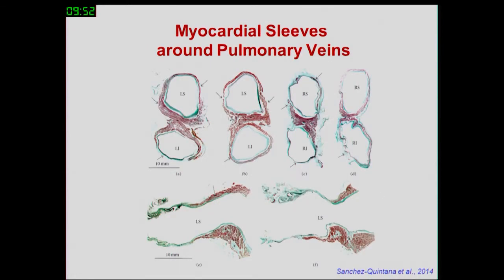So the pulmonary veins attain myocardial sleeves, which can be a substrate for atrial fibrillation in the adult heart later.